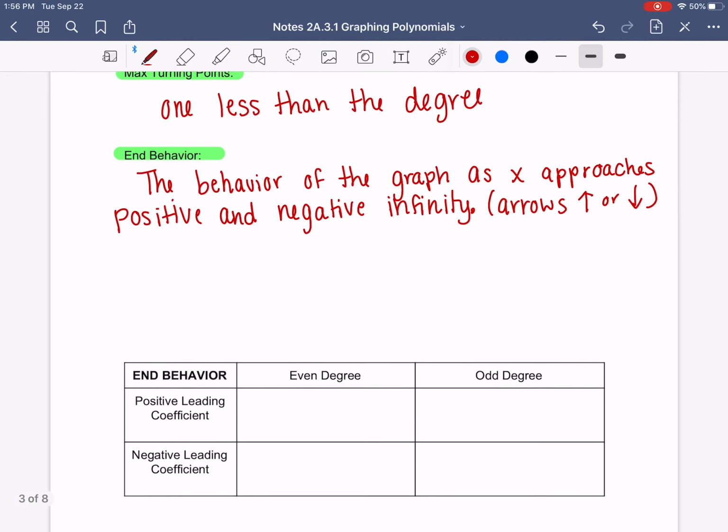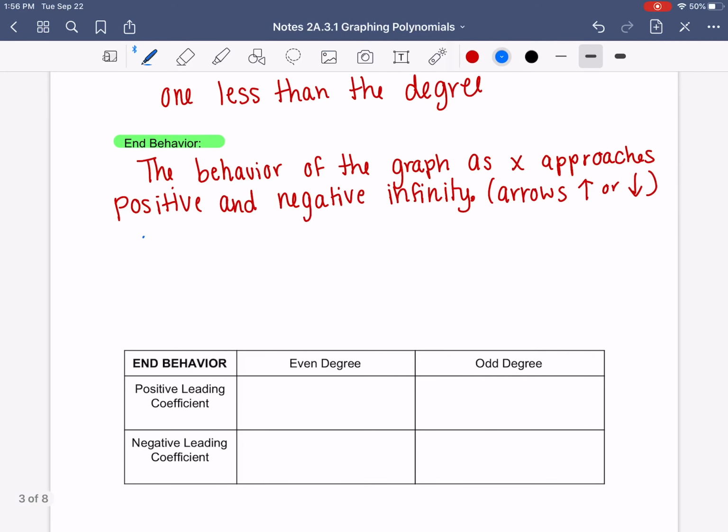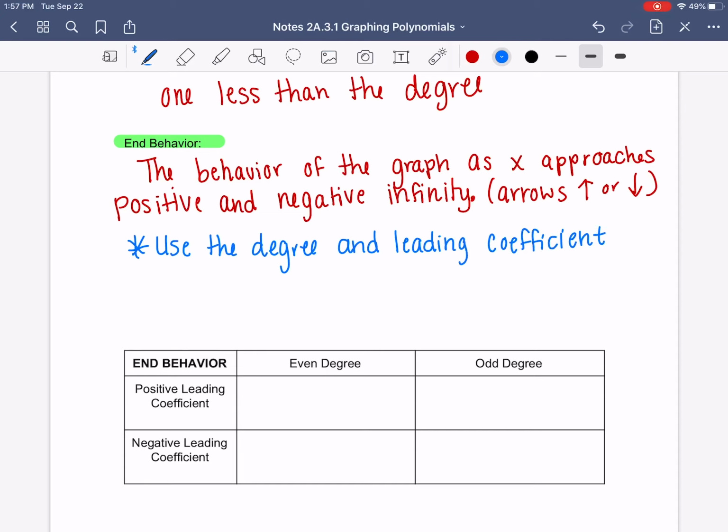Okay, so how we tell the end behavior, you use the degree and leading coefficient. What we want to know about the degree is, is the degree even or is the degree odd?